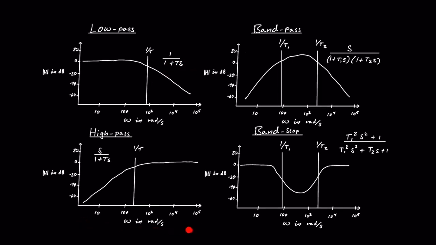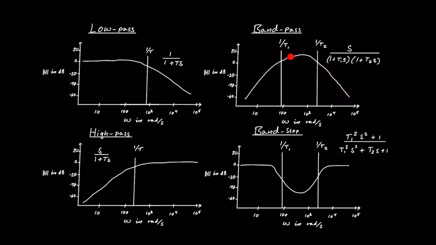Here we have the high pass filter. It looks pretty much the same as the low pass filter, but we're filtering out the low frequencies instead of the high. And here we have the band pass, where we're filtering out the frequencies below and above a specific area.